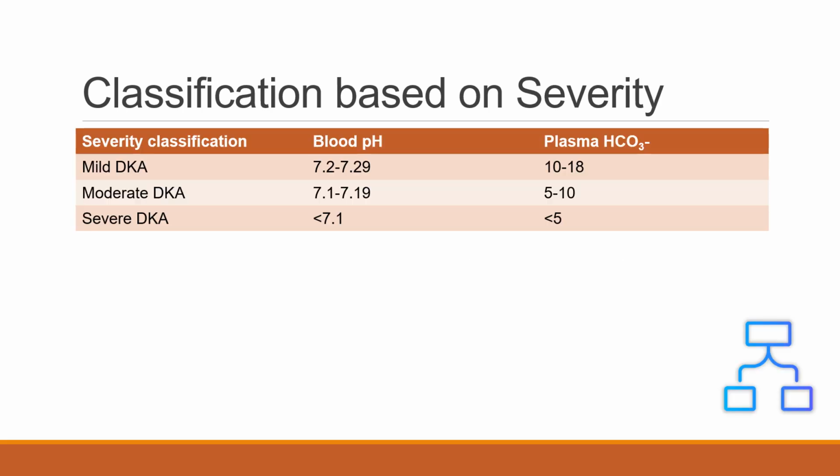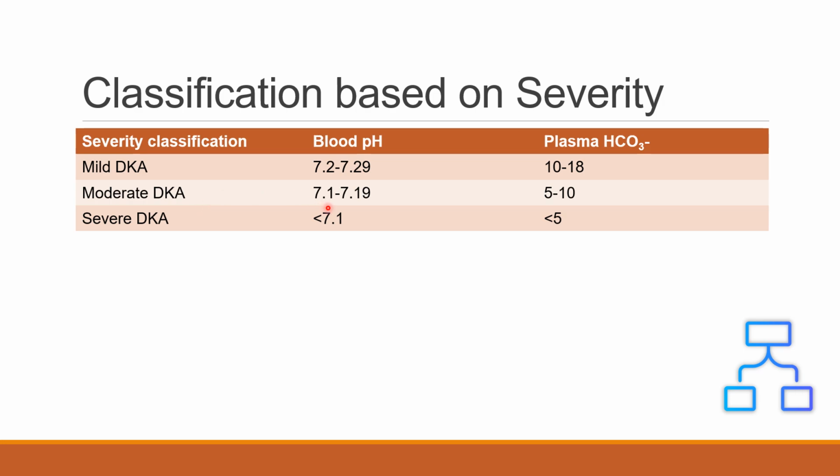So how do we classify diabetic ketoacidosis on the basis of severity? Basically, same as BSPD, we classify into three groups: mild, moderate, and severe diabetic ketoacidosis. What are the blood cutoffs? We know that in the diagnostic criteria, a pH of less than 7.3 and a bicarbonate of less than 18 is needed for a diagnosis of acidosis. So mild DKA will be a pH of 7.2 to 7.29.